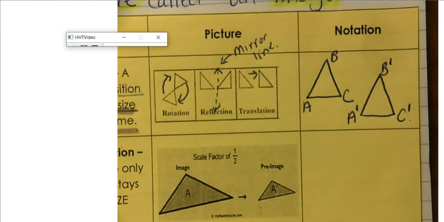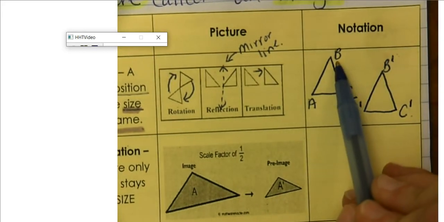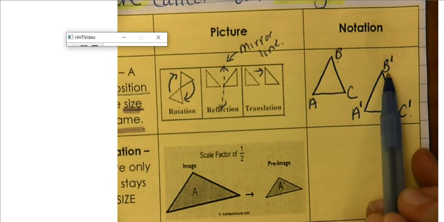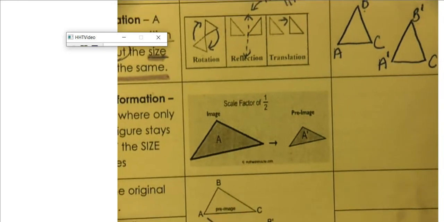And those apostrophes indicate that we have ourselves something that has changed. So what we started with is known as a pre-image. Where we end is called the image. And these are apostrophes. They're not exponents, they are apostrophes.